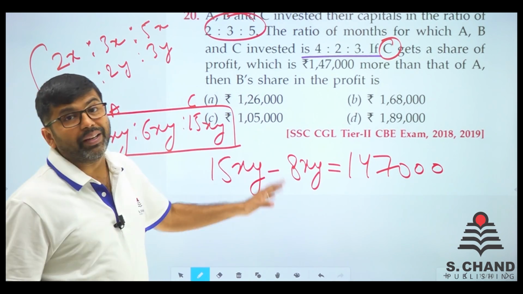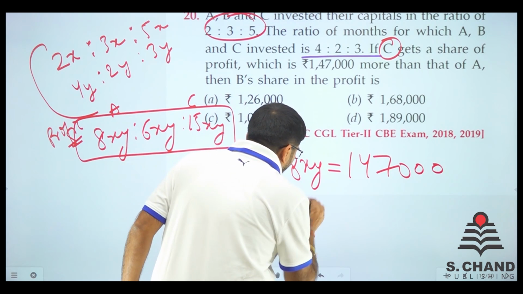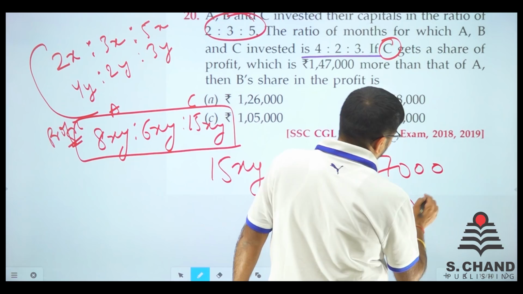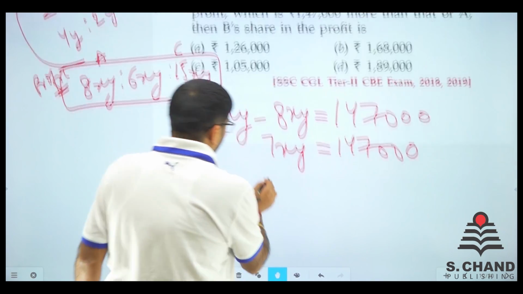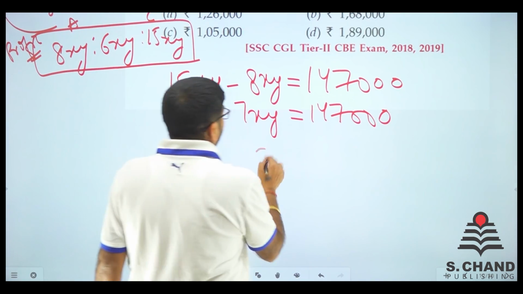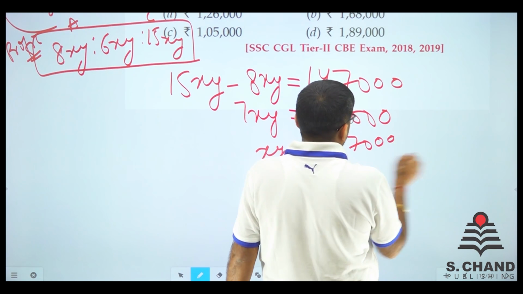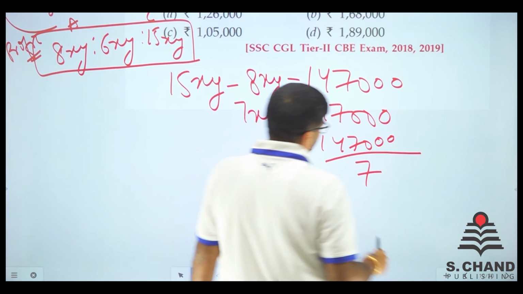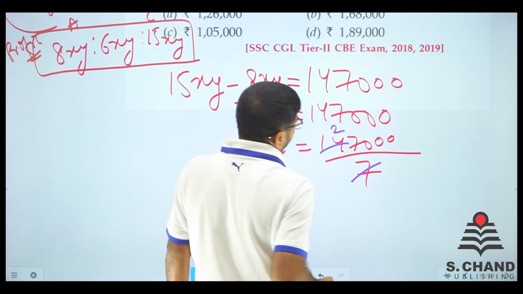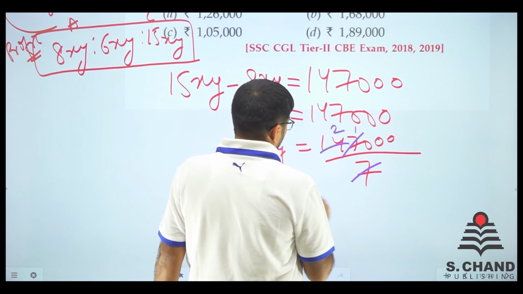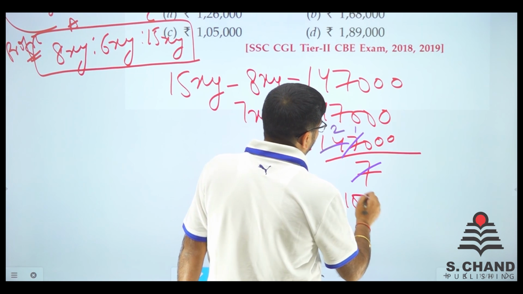So 15 minus 8, that is 7xy is equal to 147,000. Now what to do? Do nothing. The value of xy will come from 147,000 by 7. So 7 twos are 14 and 7 ones are 7, and then there are 3 zeros. So the value of xy is 21,000.